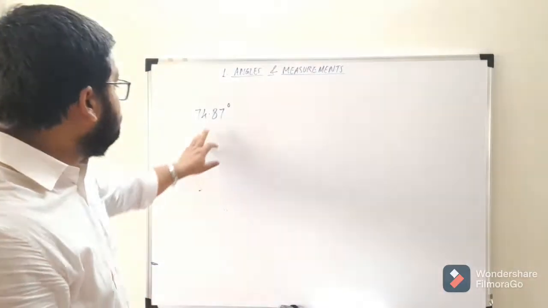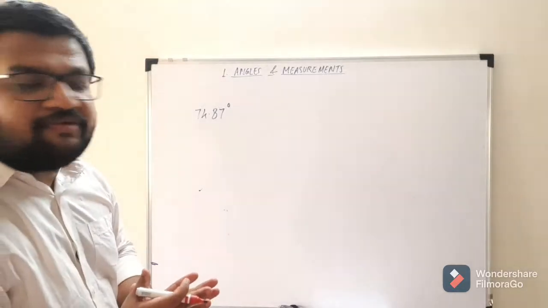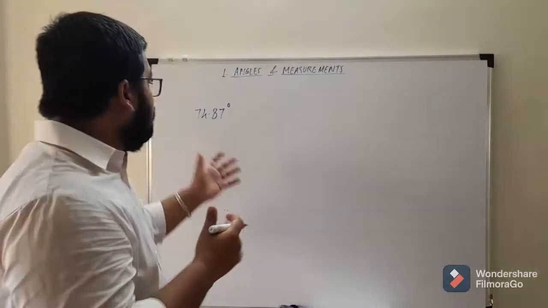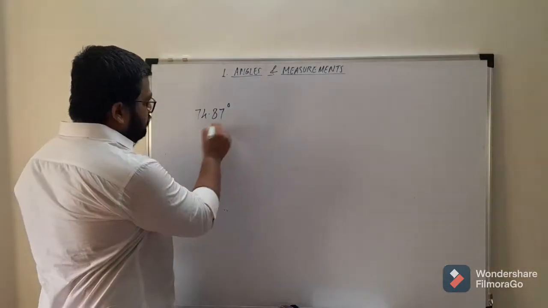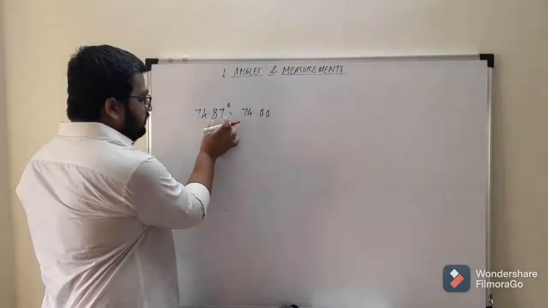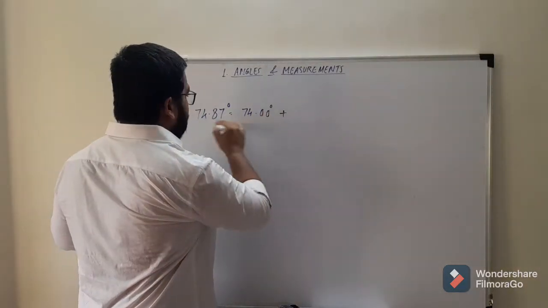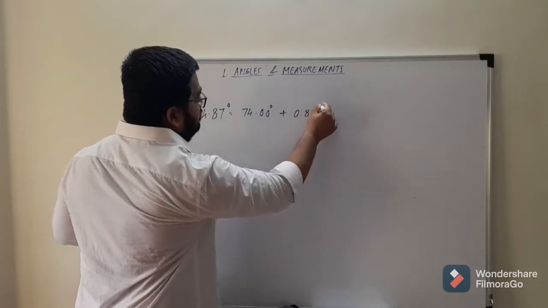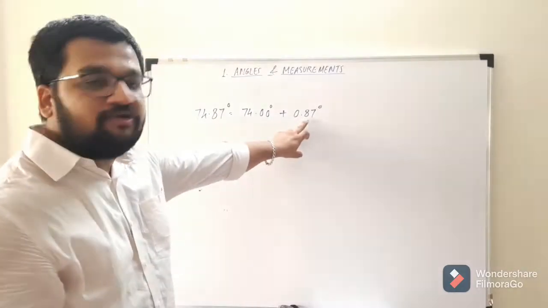Now what to do with this 0.87? This is already a very small angular measurement. That is, 1 degree is nothing but a 1/360th part of a circle. Now again we have to make fractions of this. So what we will do? 74.87 is nothing but 74.00 degrees plus 0.87.